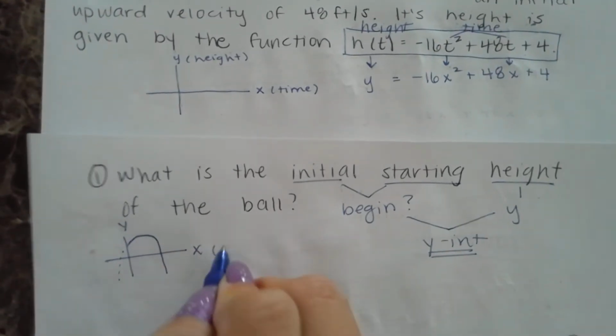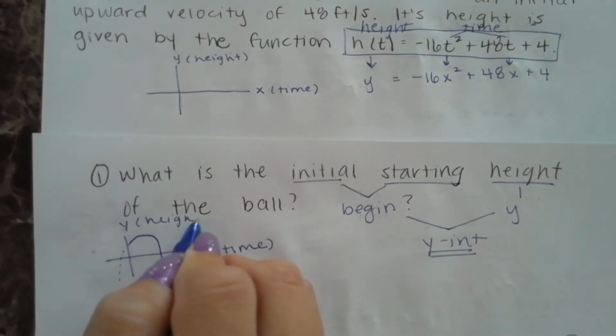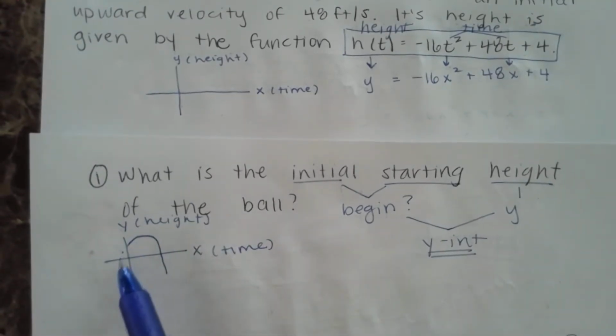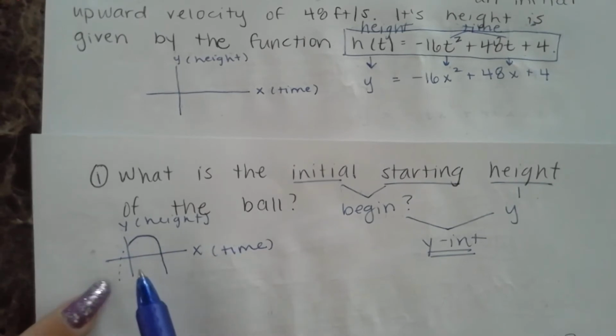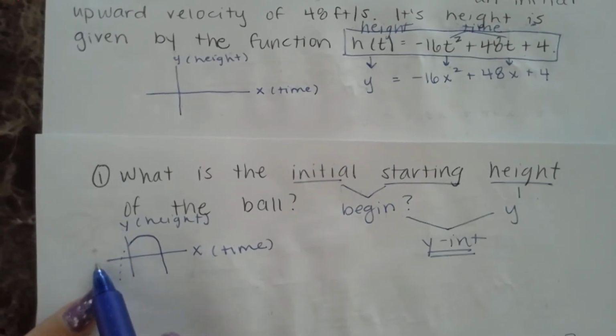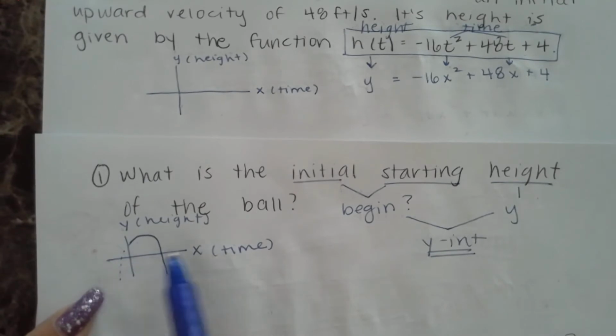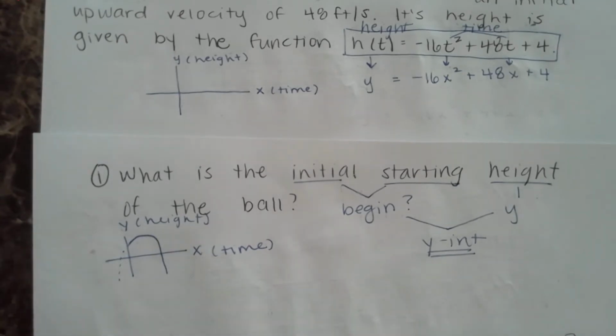And if we know x is time and our y is height, I made a dotted line here so we know that when we're thinking about this in reality, if this is time and if this is 0, we can't have -1 second, -2 seconds, -3 seconds. It always starts at 0, 1, 2, 3, 4, because time always goes forward. So that's why I did a dotted line here, just to show you.